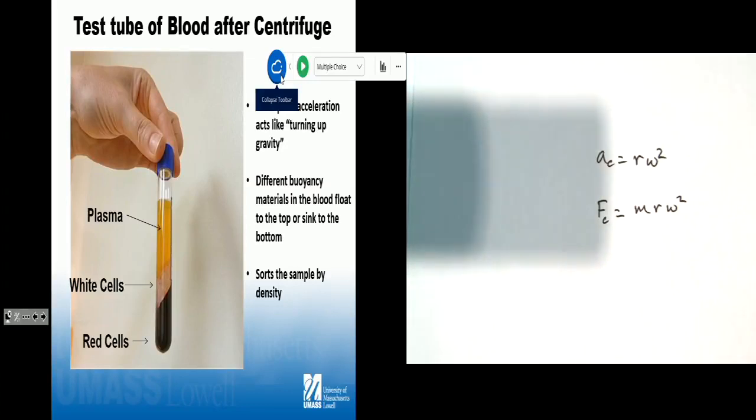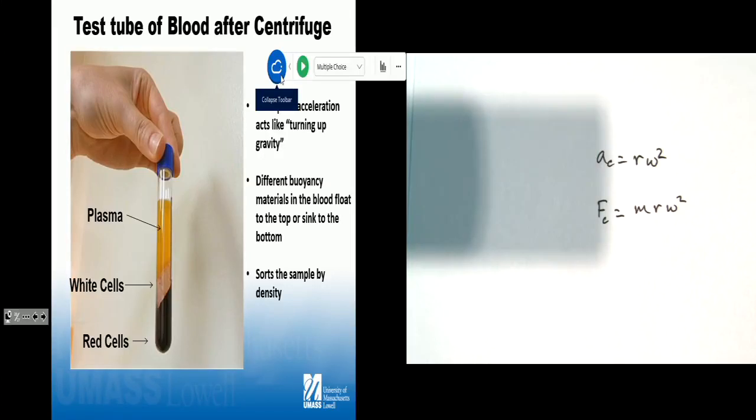So what we see here is a force that depends on m, and on r.